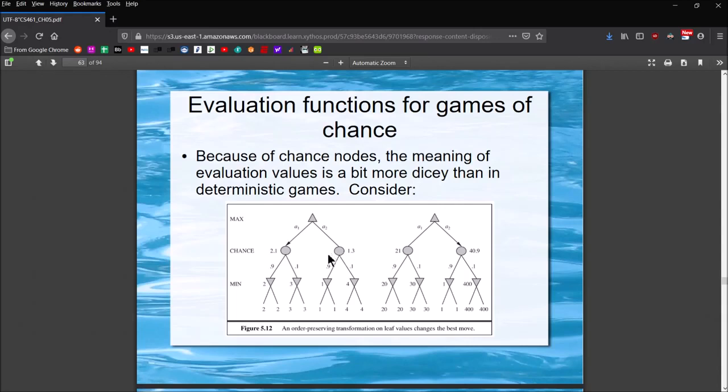And so what you end up with is a weighted expected value for the move corresponding to A1 of 2.1, right? So that's going to dictate that Max makes that choice, that it goes with action 1, because the expected value is going to be higher because of the combination of the weighting, 0.9 and 0.1, on the expected values of the terminal states at the very bottom here, right?